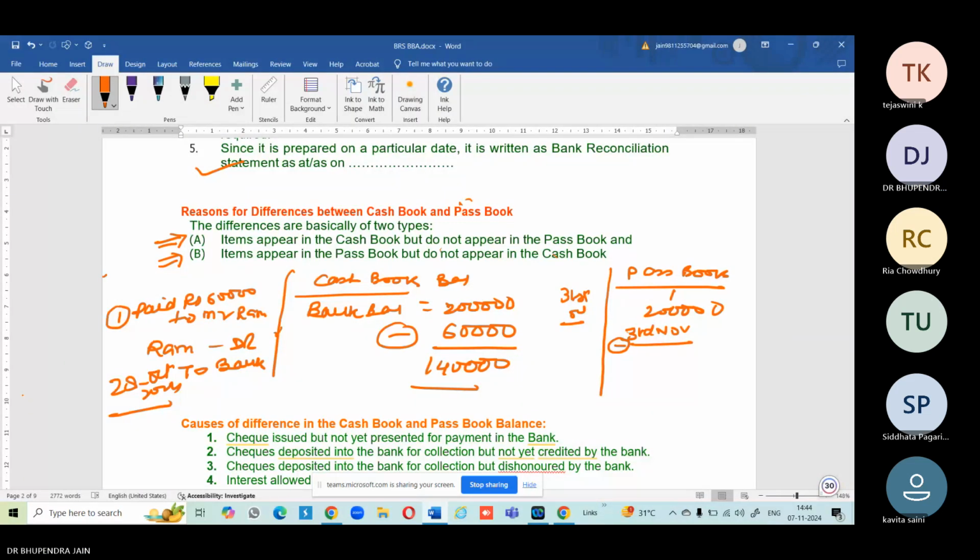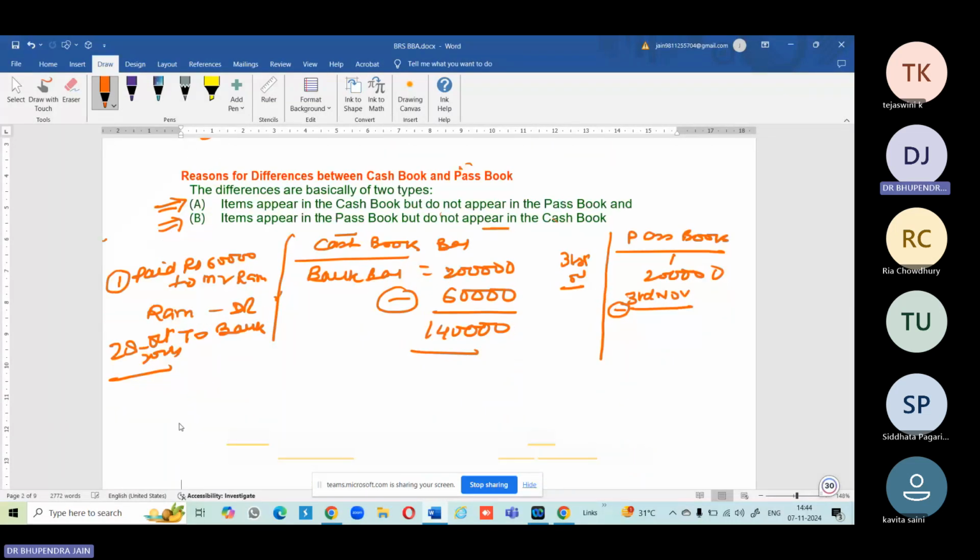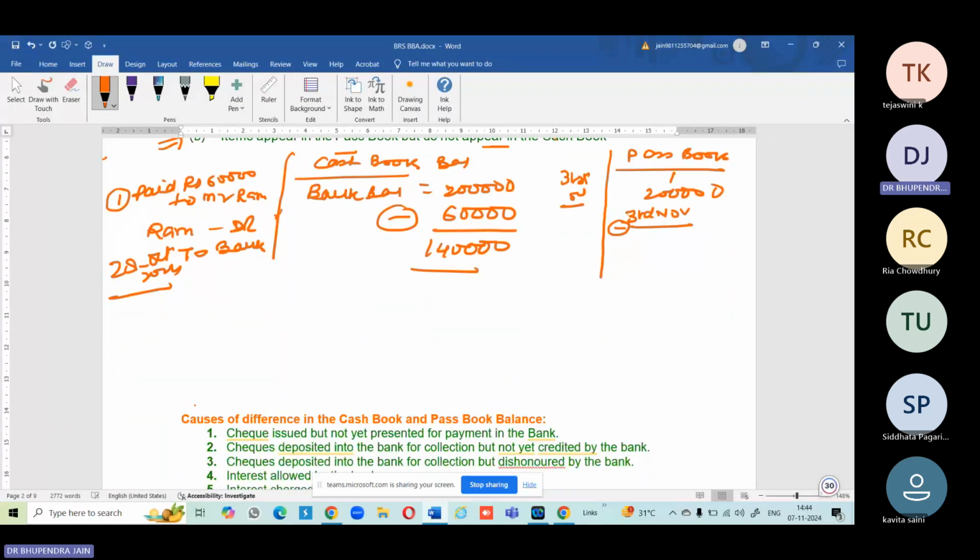Second case. Item appears in the passbook but does not appear in the cash book. Suppose your bank balance as per cash book is rupees 2 lakh, and bank balance in passbook is also rupees 2 lakh on the 28th of October 2024.